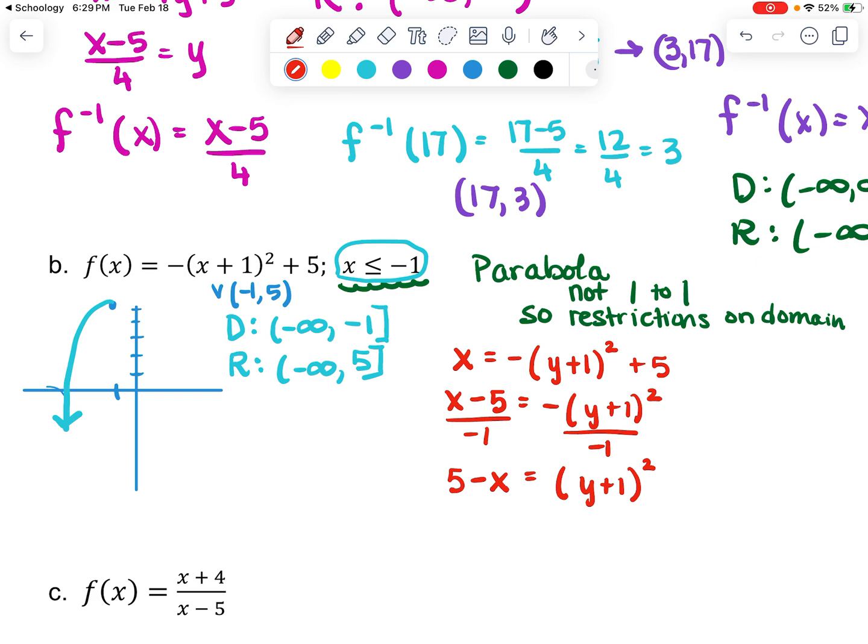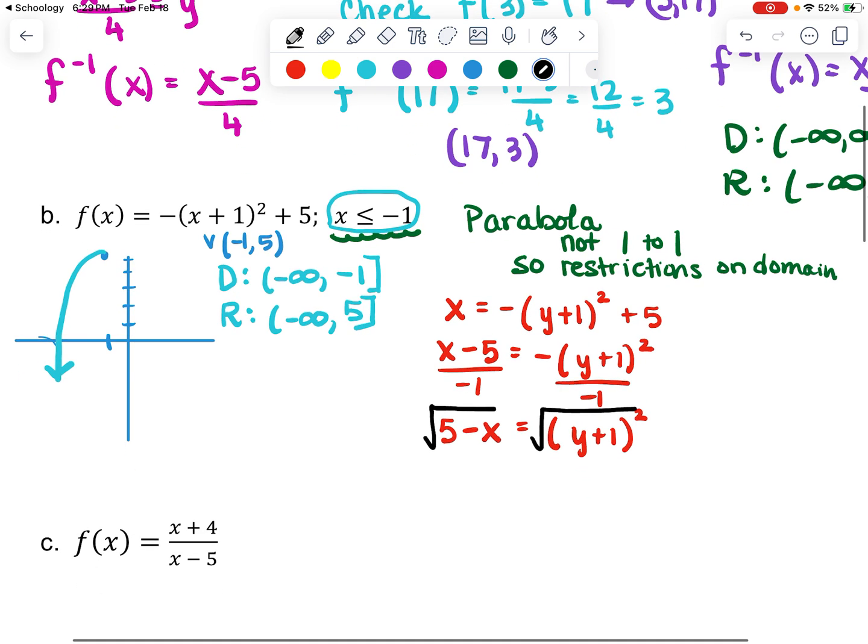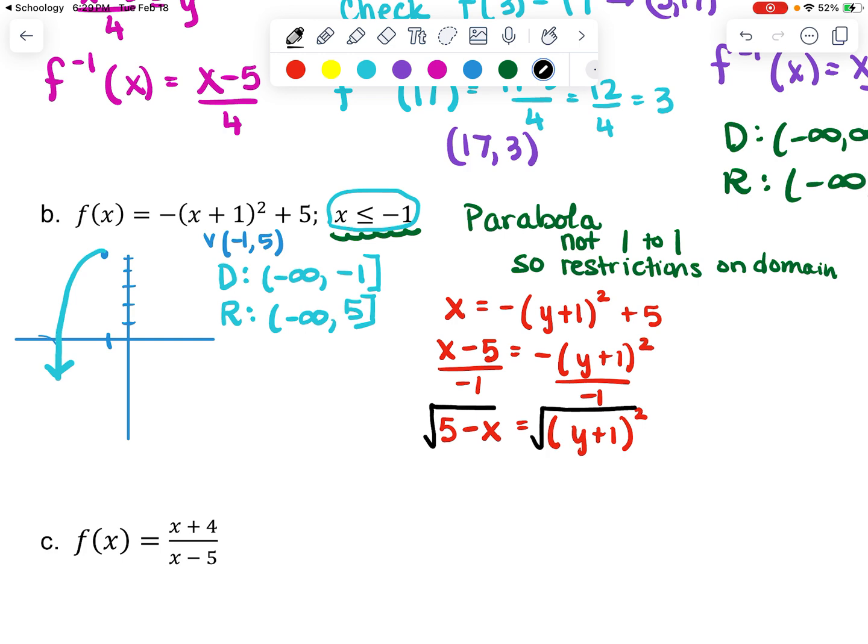Okay, undo the square, which is going to be the square root on both sides. And remember, we are going to get plus or minus the square root of 5 minus x is equal to y plus 1.